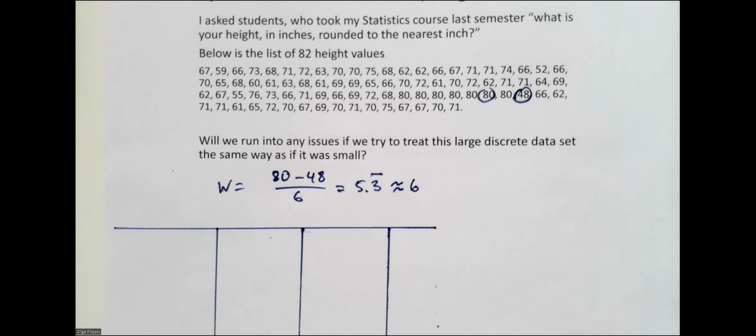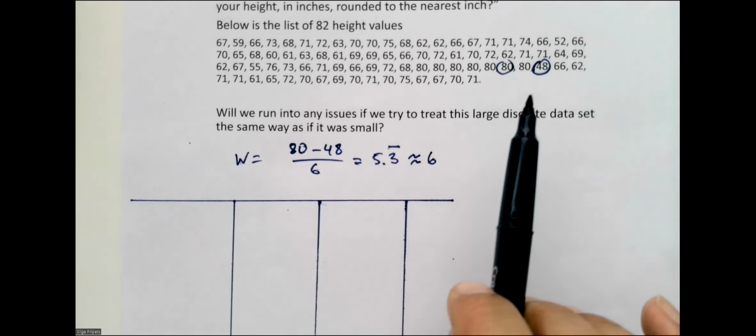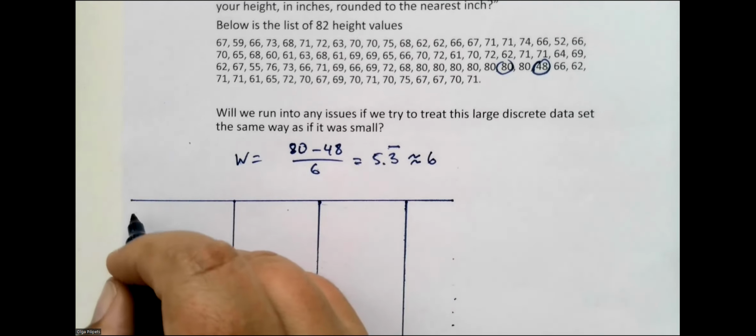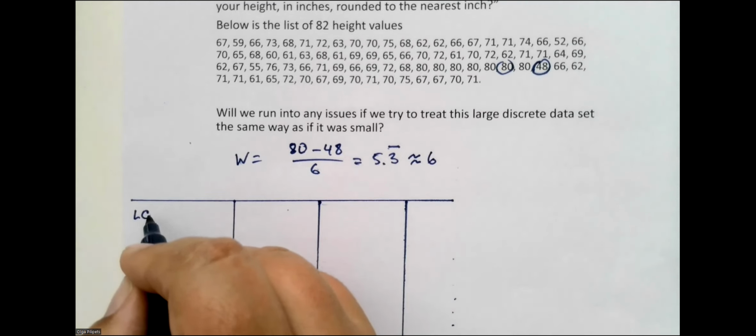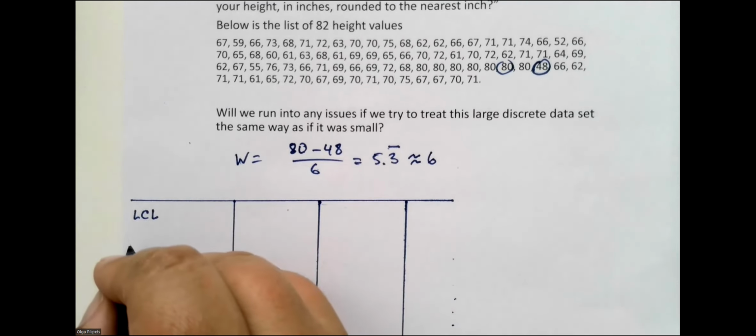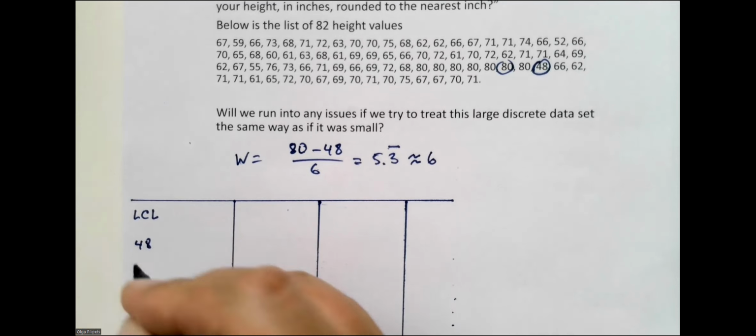So now let's create our table. I'm going to write down my smallest value, and this is going to be my lower class limit, or LCL. That number is 48.